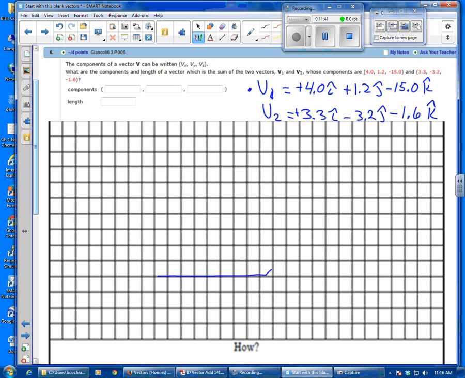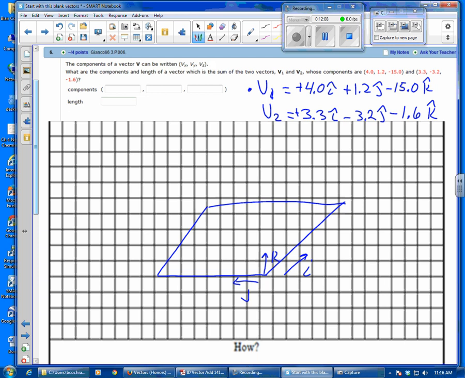I'm going to do a perspective drawing here: here's a plane, i is in this direction, j is in this direction, and k is in that direction. Just bear with me. Whatever you would draw here would be fine with me.